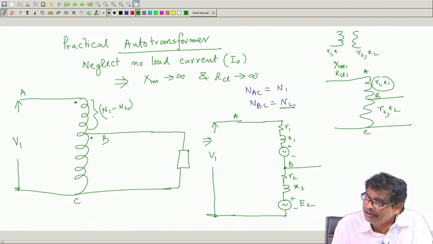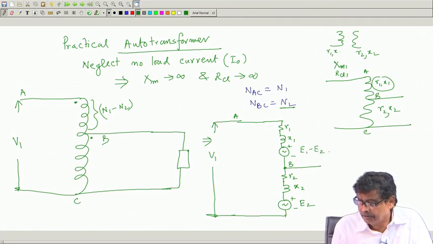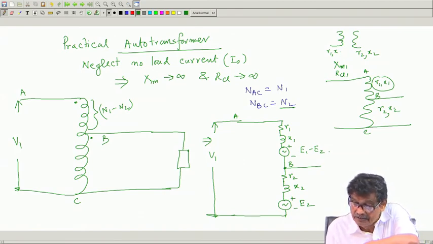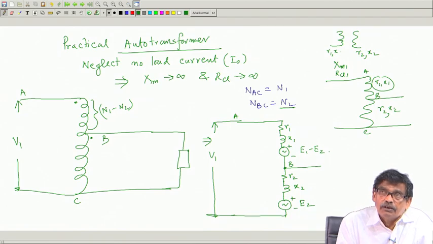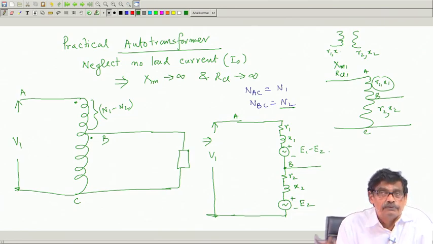It will be E 1 minus E 2. Are you with me? Because induced voltage in N 1 turns, if I call it E 1, induced voltage in N 1 minus N 2 turns will be E 1 minus E 2.